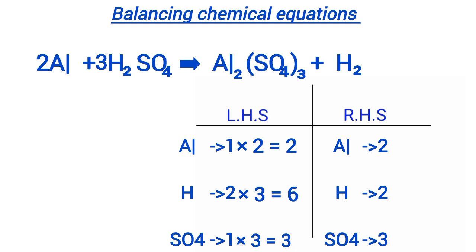What do we multiply by 2 to get 6? If we multiply 2 by 3, then that gives us 6. So we are going to place 3 here. So now we have 6 atoms of hydrogen on both sides of the equation, and this equation can now be said to be balanced.